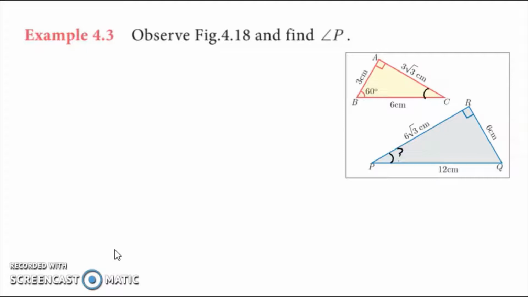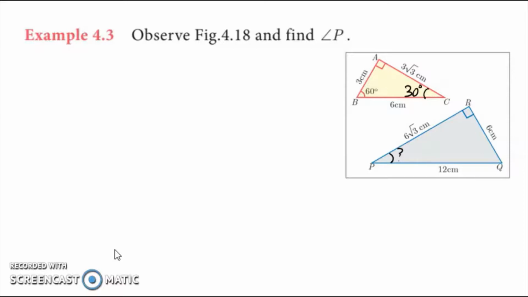So that will be 30 degrees here. So we know the angles of this triangle. So if we can prove these two triangles to be similar, then we can bring those angles into this triangle and we can find this angle. So let's see if they are similar.